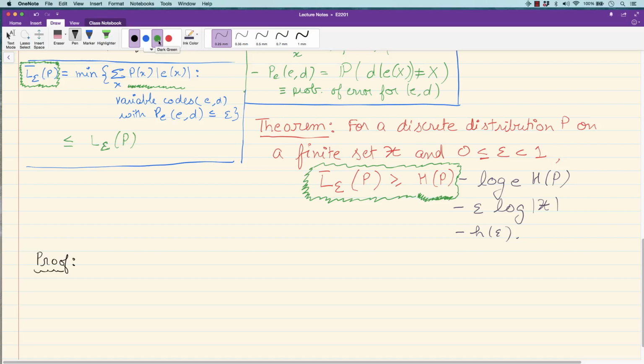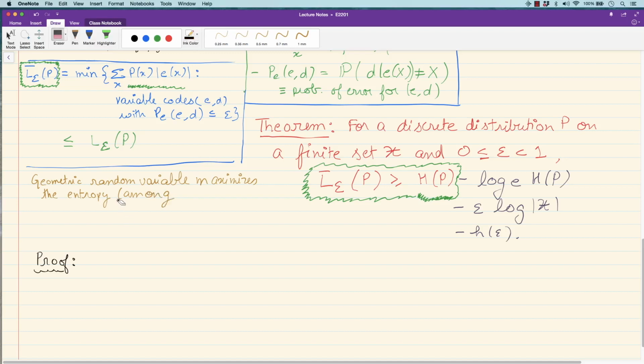The property is that a geometric random variable maximizes the entropy, just like uniform maximizes entropy over all random variables with given cardinality of support.